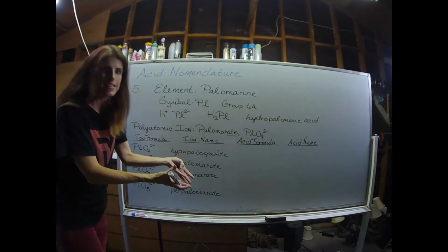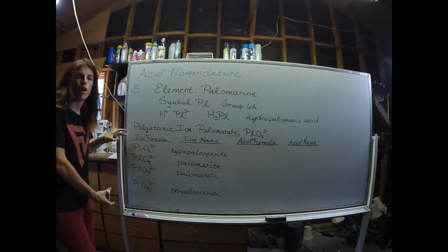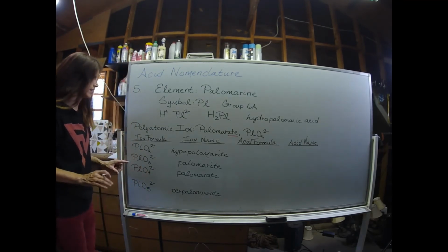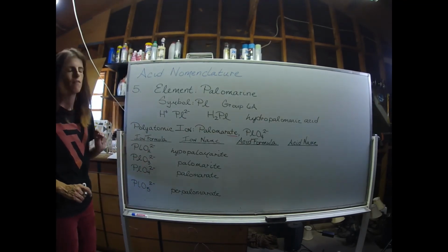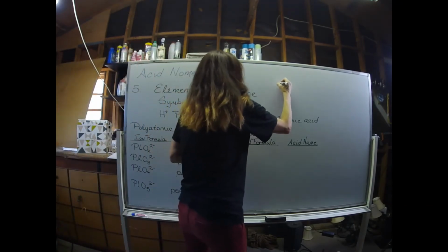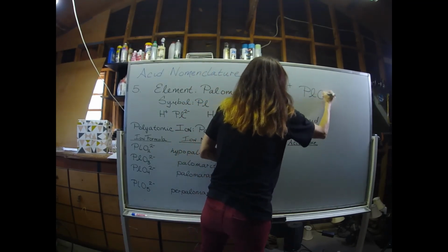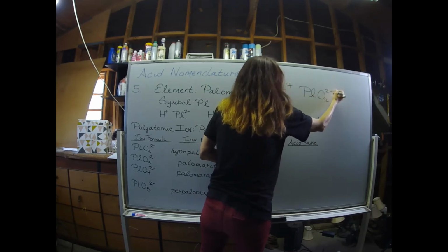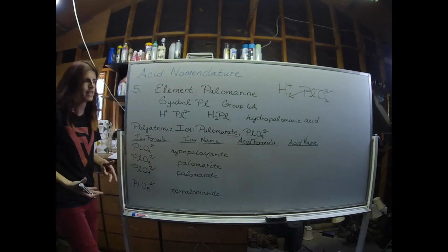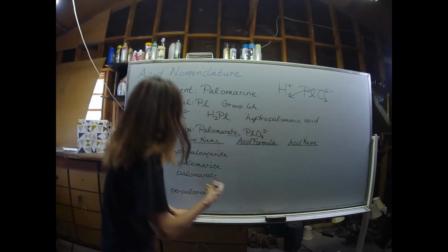So because the acid names and the acid formulas for those oxyacids are built off of the polyatomic ions, we can predict the formulas and the names of the acids. So on each one of these we have a 2-. So when I think about the crisscross, I'll do an example up here, H plus and PlO2 2-. I know that the 2 is going to go by the hydrogen. It's going to be a diatomic acid. So just going to grab all those and do the crisscrosses.